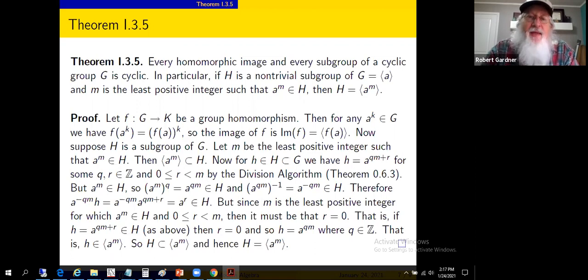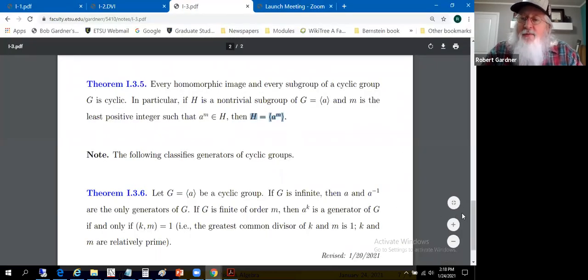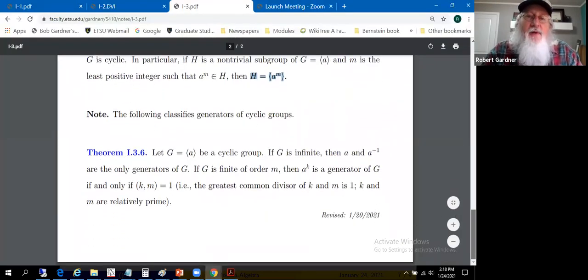And this goes beyond that, and it tells you how to find a generator of the subgroup to boot. There might be other generators as well, and that's what the final result in this section deals with. The following classifies generators of cyclic groups. So let G be a cyclic group generated by element A.